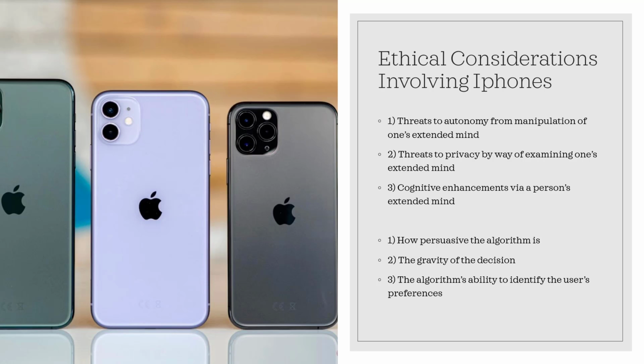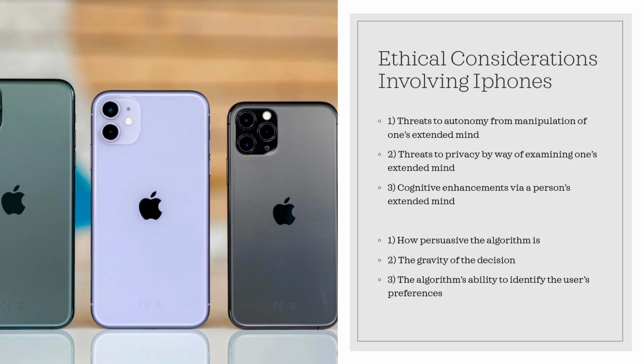Given how iPhones are selling at an increasing rate since 2007, up to about 218 million iPhones a year, and it is a technology of the extended mind, ethical issues arise when considering how individuals use the devices. Rayner and Nagel identified three important issues that have import for further discussion.